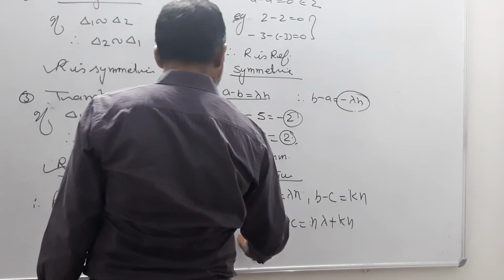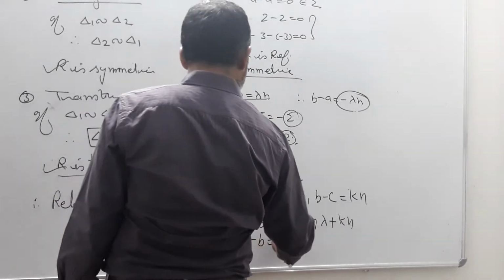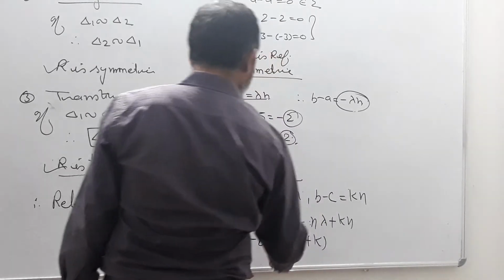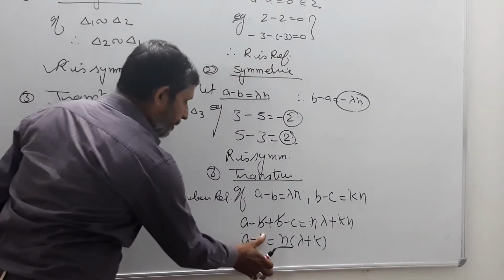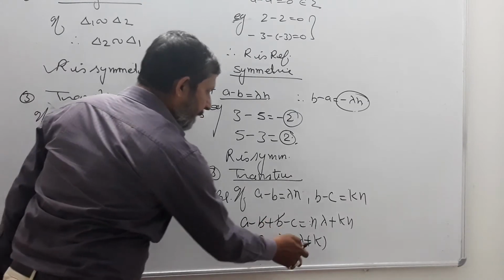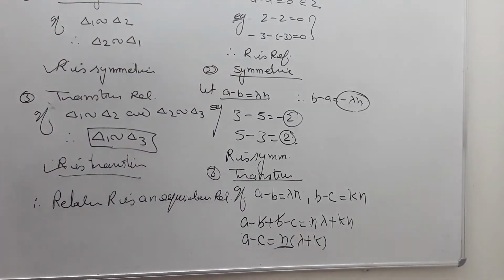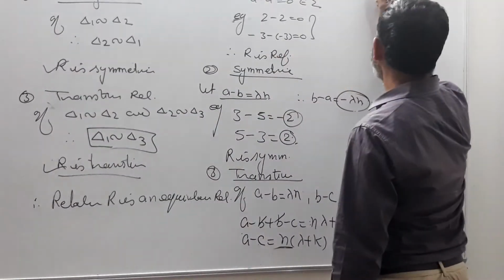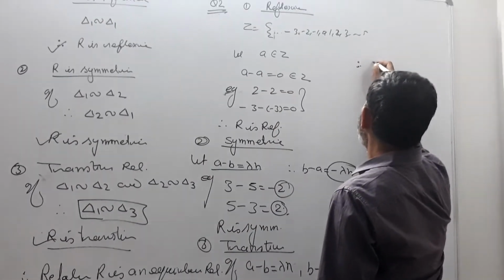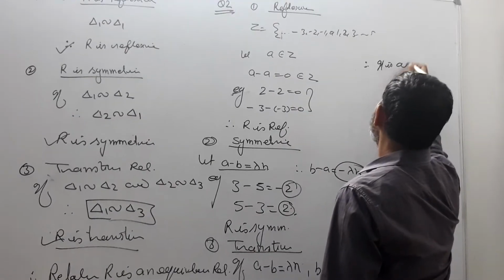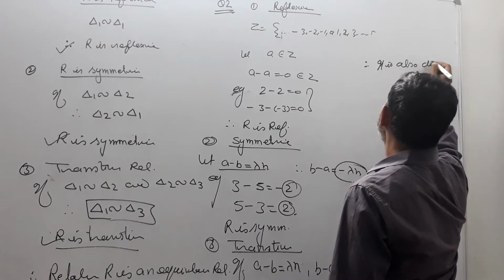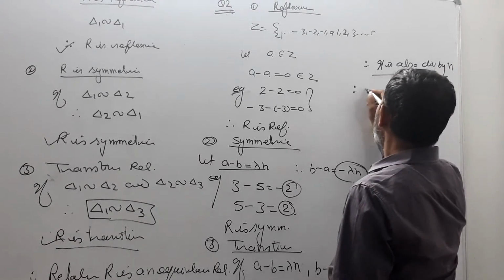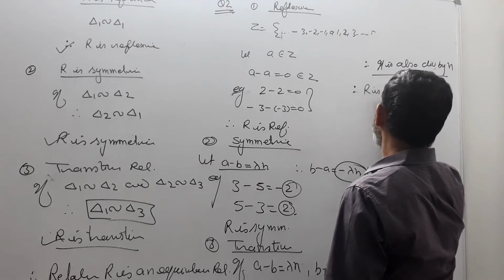B cancels with B, then A minus C is written with n common: n times lambda plus K. It is also divisible by n. Therefore, A minus C is also divisible by n, and R is also transitive.